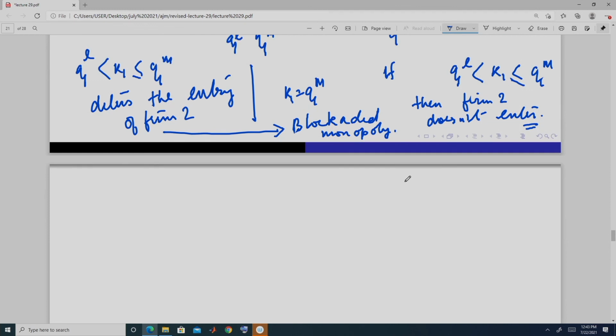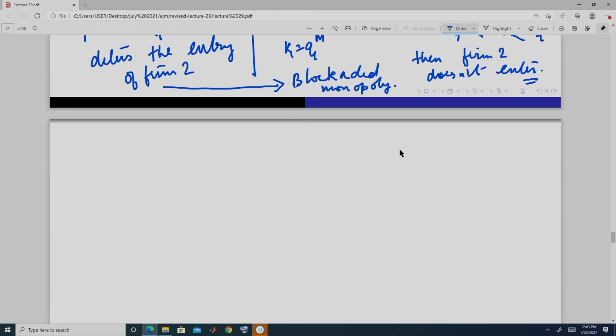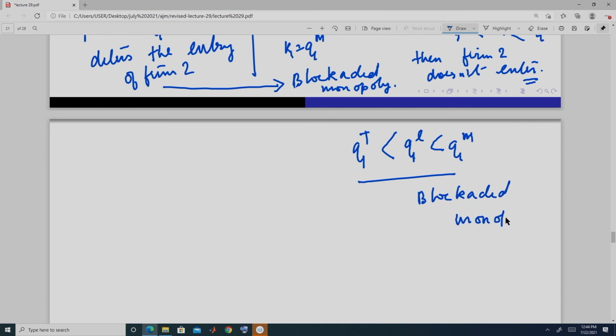So, whenever this limit output is less than this and this is greater than this, then again we have blockaded monopoly, and Q1 is equal to Q1M, or it is anywhere here, K1 less than or equal to Q1.